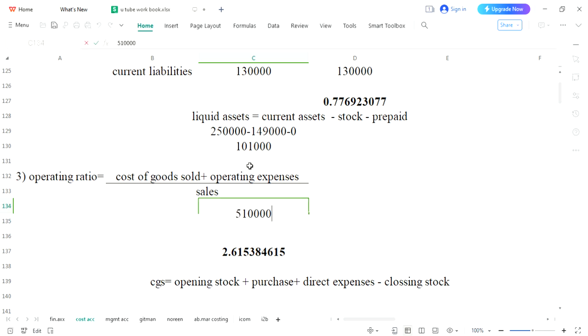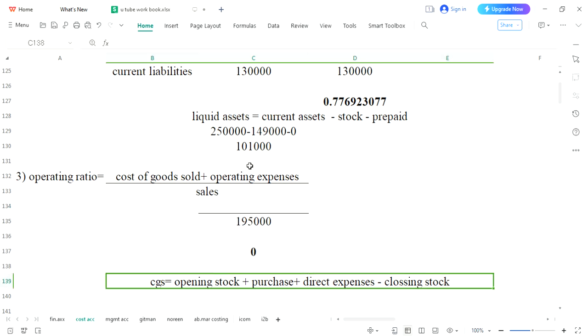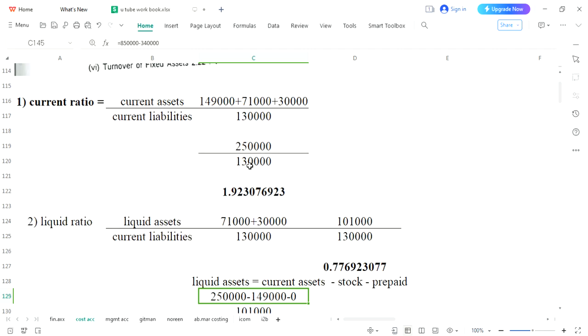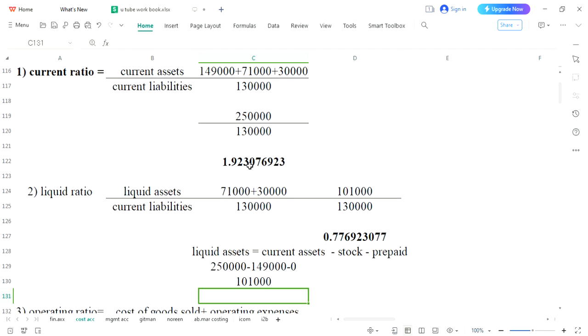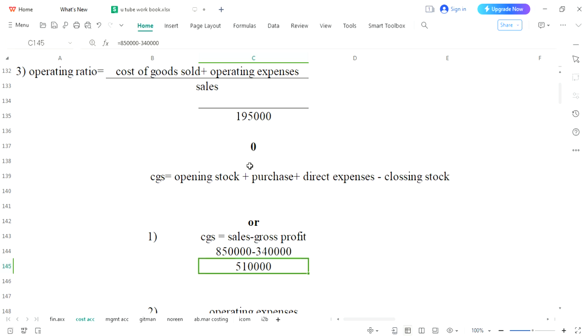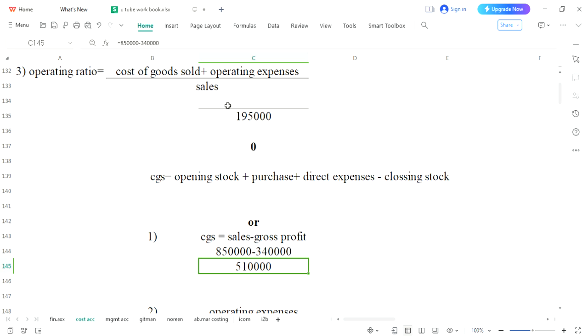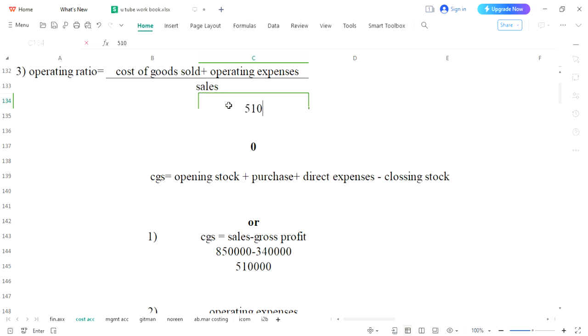Let me check. 5,10,000. How have we written this 5,10,000? Cost of goods sold was calculated as sale minus gross profit, cost of goods sold plus operating expenses. Let me see. Okay, 5,10,000. So here you will write 5,10,000 and then you will add operating expenses.